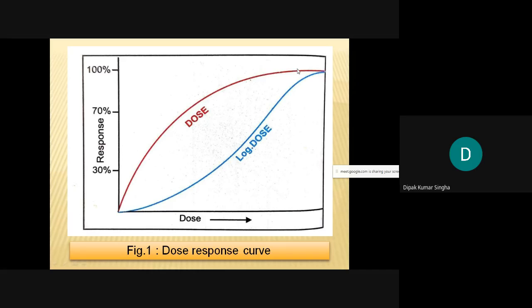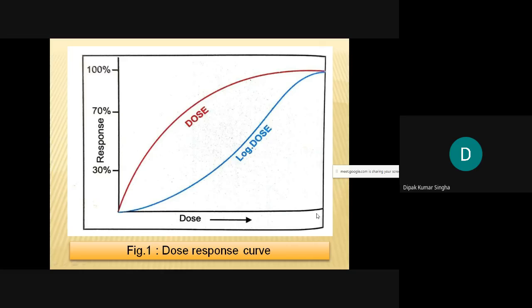But after you reach 100%, the concentration will be reduced, because after metabolism, biotransformation and excretion, the concentration of the drug will be reduced. So the response will slow down, and after certain times it will slow down further.